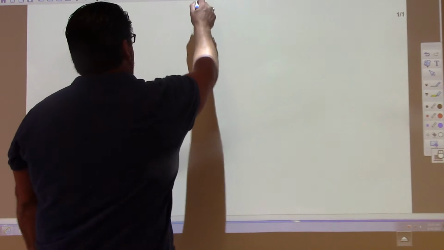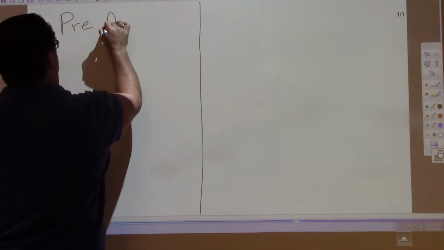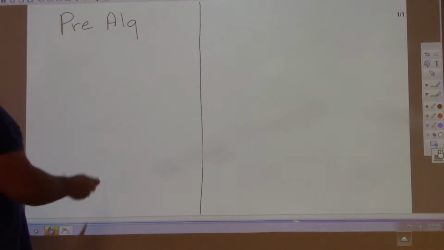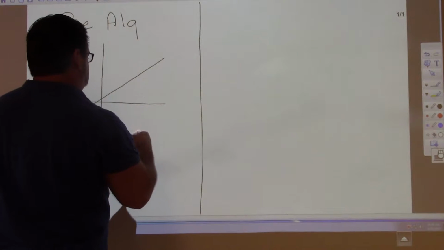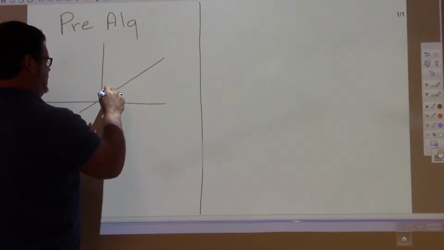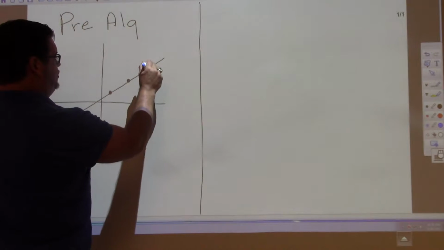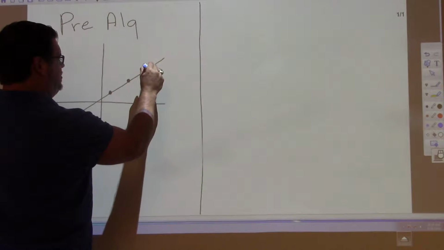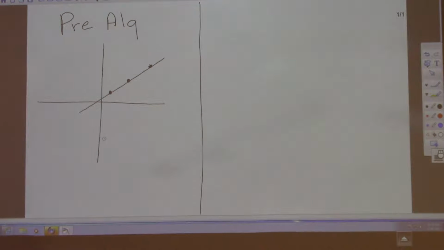In pre-algebra or algebra 1, whatever, if I gave you a graph and I drew a line, and let's say that this point is, okay, and I'm going to give you this one. It would help to have a graph here, and I can put in a graph, but I'd have to go through and find it, so we're just not going to do that right now.